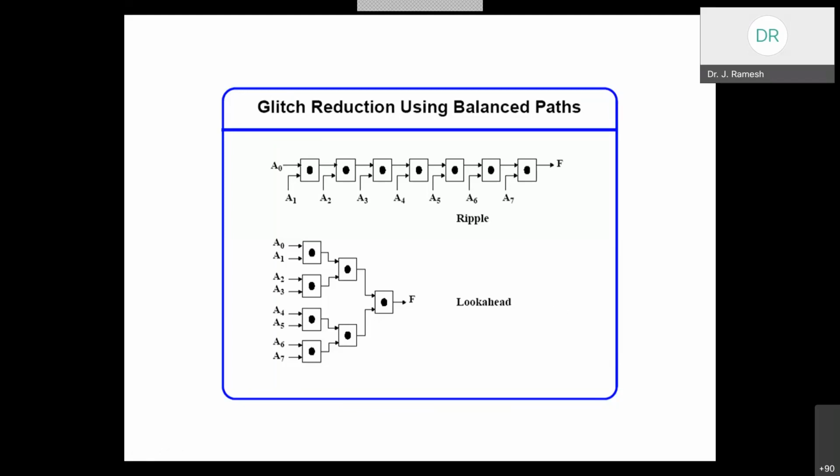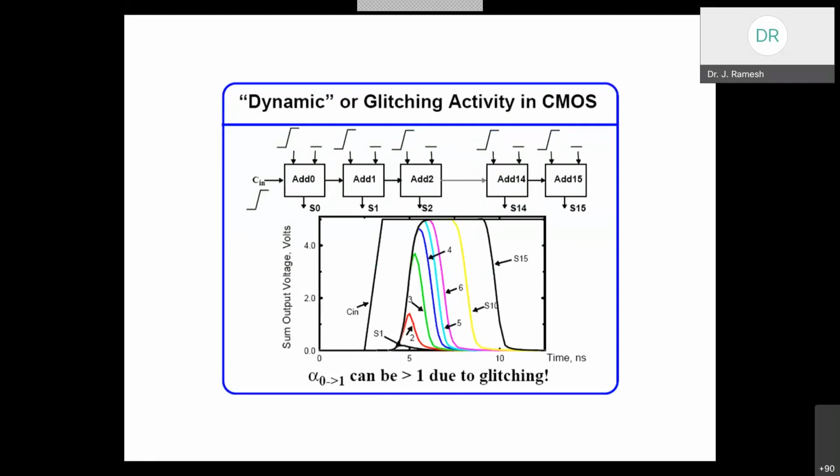In continuation with that, let us proceed to the next slides. We all know what glitching activity is. Glitching activity is nothing but an unwanted activity. For a single stage it may not be considerable.